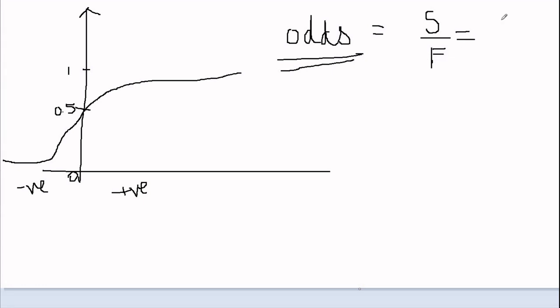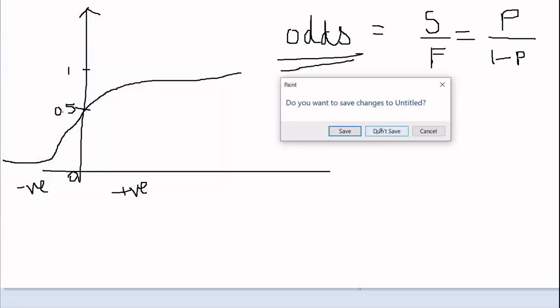Okay, so this can also be written as P upon 1 minus P. So the odds that in a flip of a coin you get heads is 0.5. So we define odds as the ratio of the probability of success to failure. Now I'm going to let you know why this equation is important.